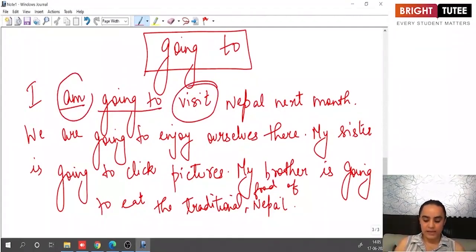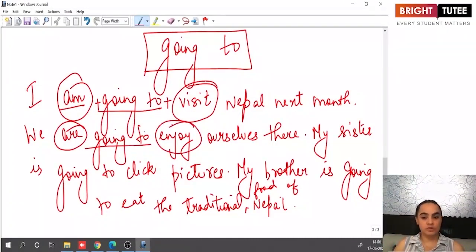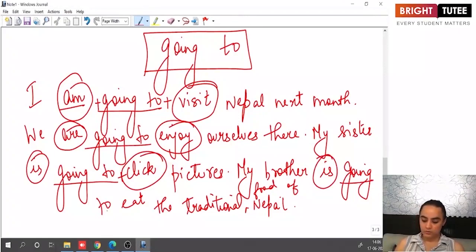With I we use am, so I plus am plus going to plus the original verb. Similarly, we is plural, so we use are plus going to plus the original verb, which is enjoy. My sister is, since it is singular, plus going to plus the original verb, click. My brother, singular, so going to and the original verb. So this is how, my dear students, we use the going to form.